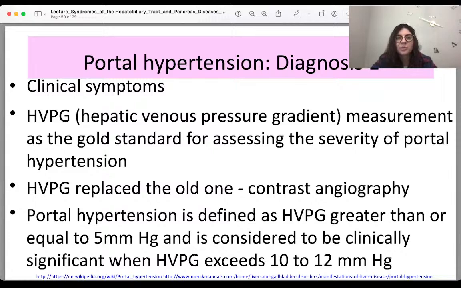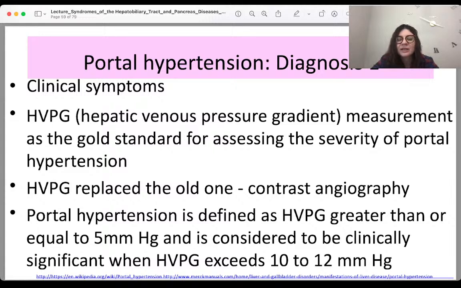Diagnosis of portal hypertension can be made on the basis of clinical symptoms, which we discussed on the previous slide. It can also be made according to measurement of the hepatic venous pressure gradient, or HVPG, which is the gold standard for assessing the severity of portal hypertension.